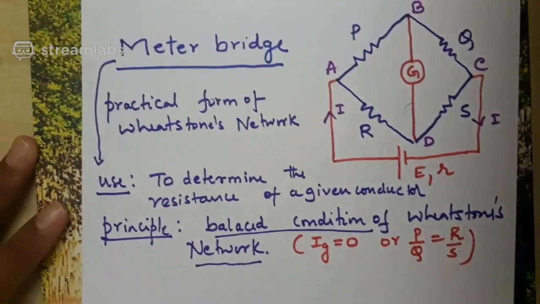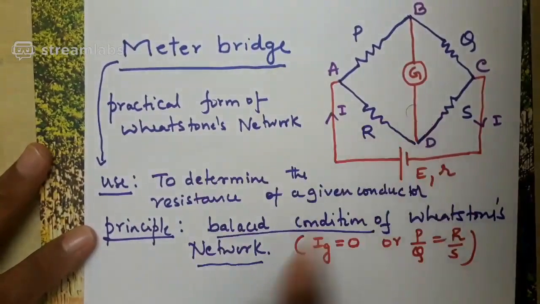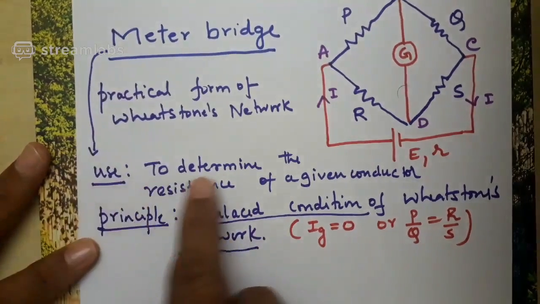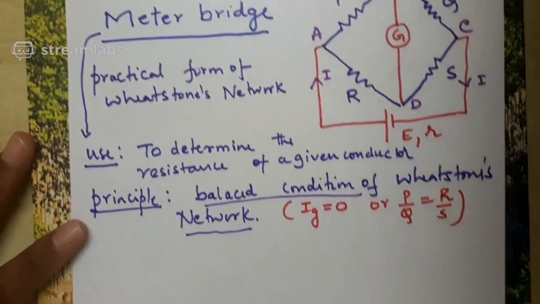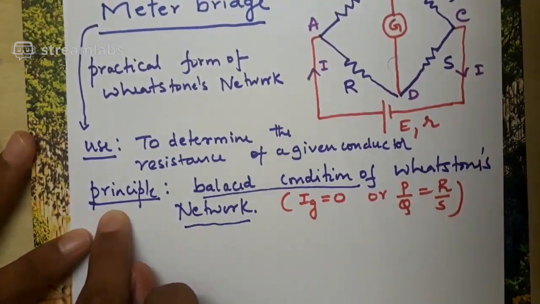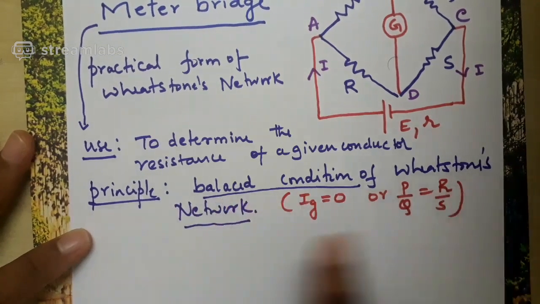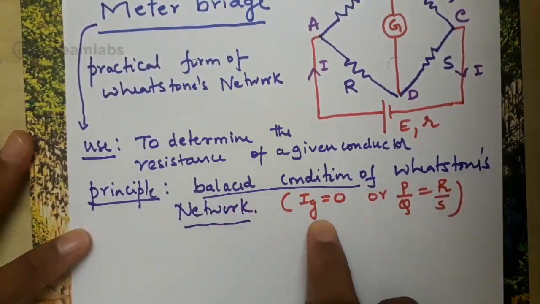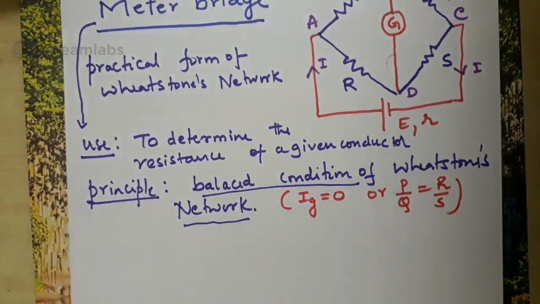Okay, fine. I started with meter bridge saying that it is a practical form of a Wheatstone's network, and I said meter bridge is a device used to determine the resistance of a given conductor. We'll try to understand what that means. And I mentioned the basic principle behind the working of a meter bridge as a balanced condition of a Wheatstone network, that is, current flowing through the galvanometer is 0, or the ratio of the arms of the resistors are equal.